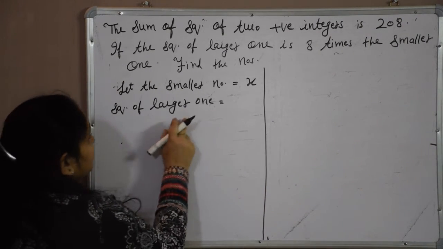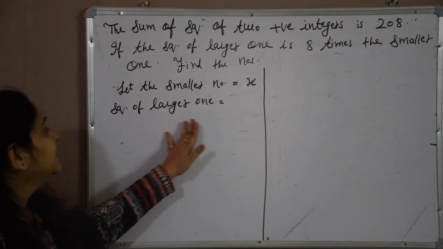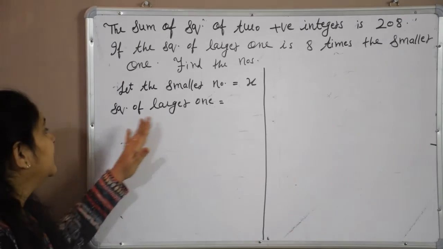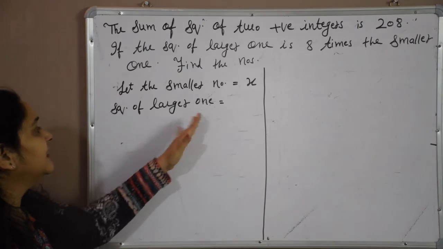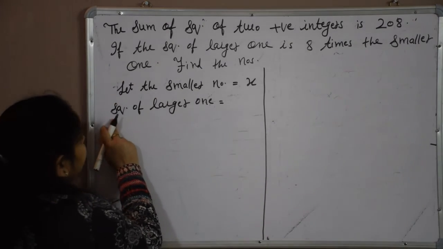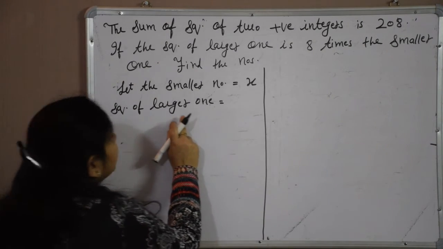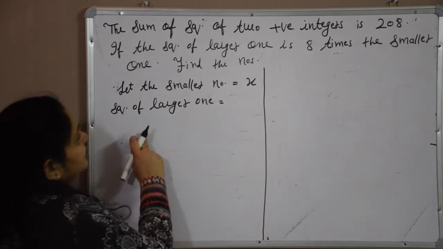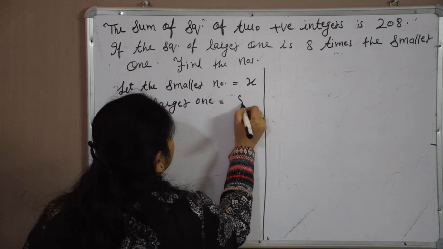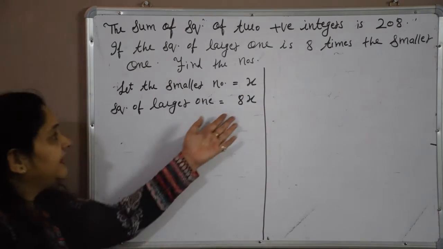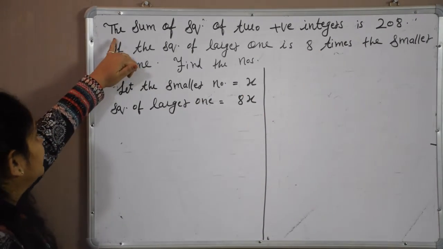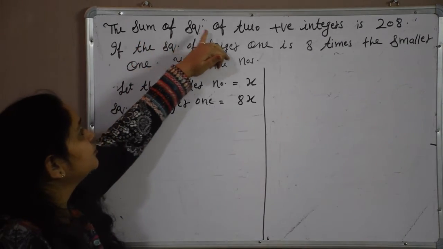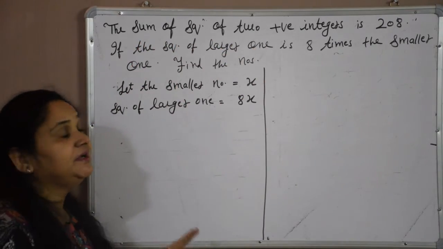So the square of larger one we have to write in the statement form. We can't write directly larger number is equal to this. Here we have to write the square of larger one because we don't know what our larger number is. So the square of larger one is 8 times the smaller one. It is 8x. But the initial condition was the sum of square of two positive integers.